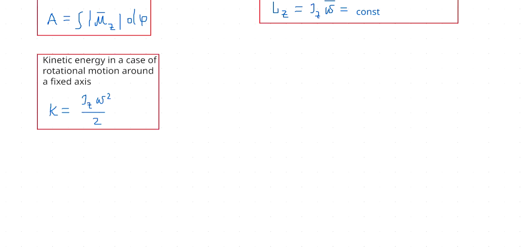What is planar motion? Planar motion is a combination of a simple motion and rotational motion.